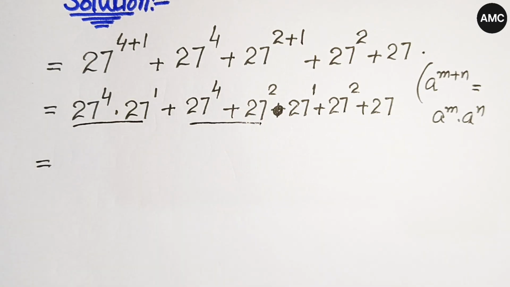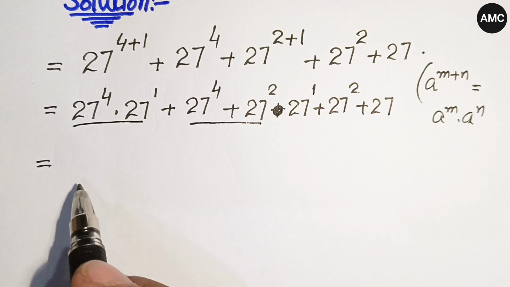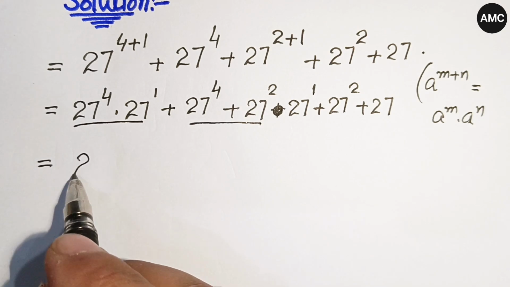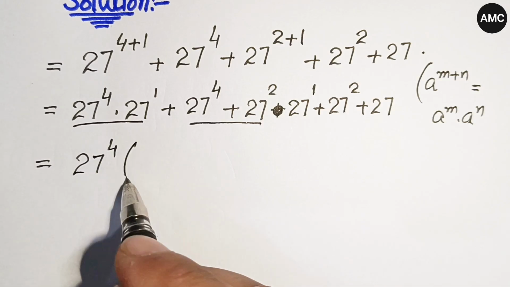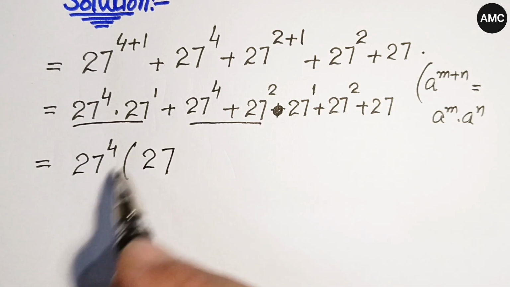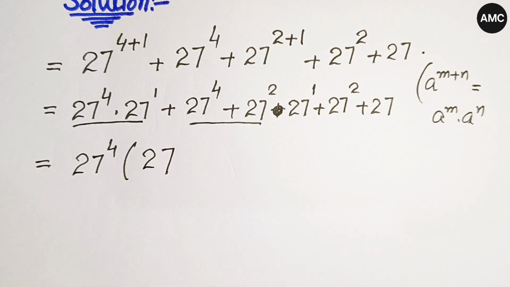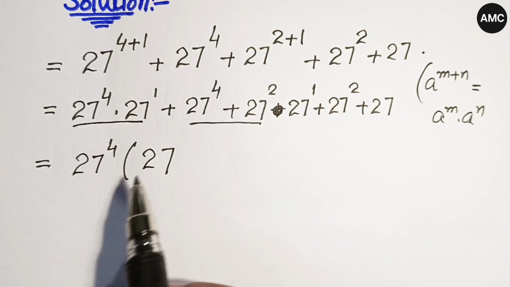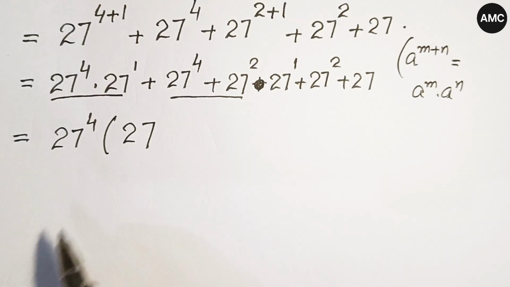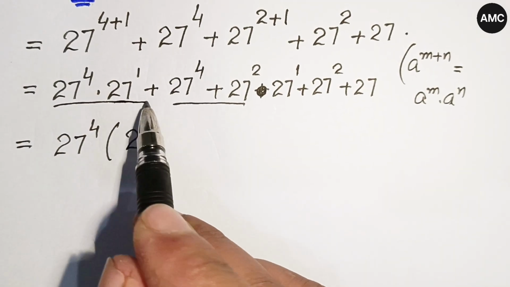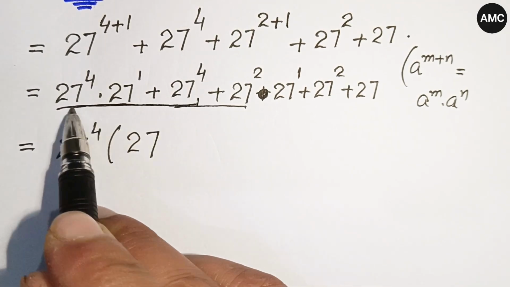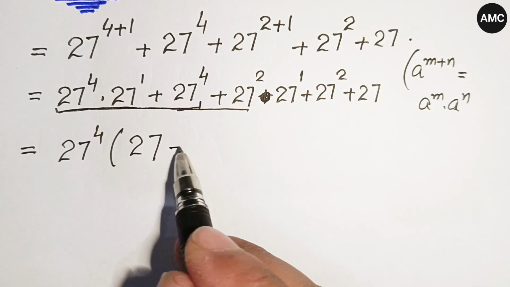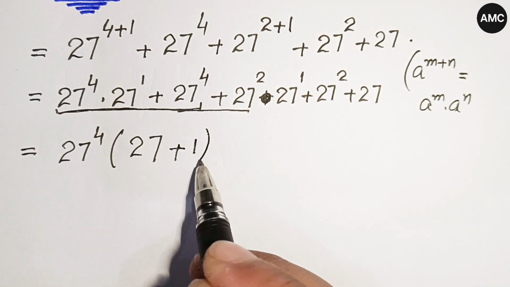So here we see that 27 to the power 4 is a common term. Taking 27 to the power 4 common, we get 27 plus 1.